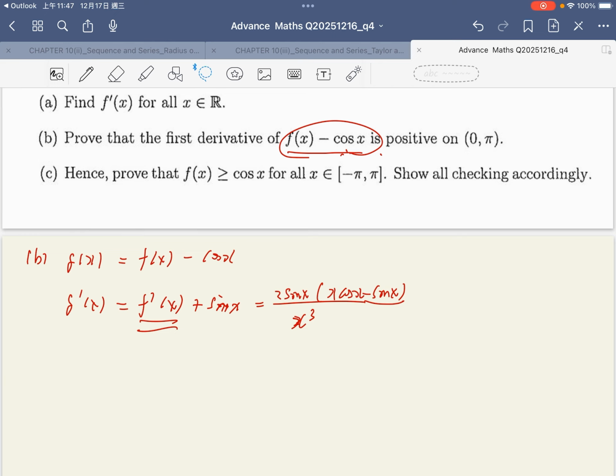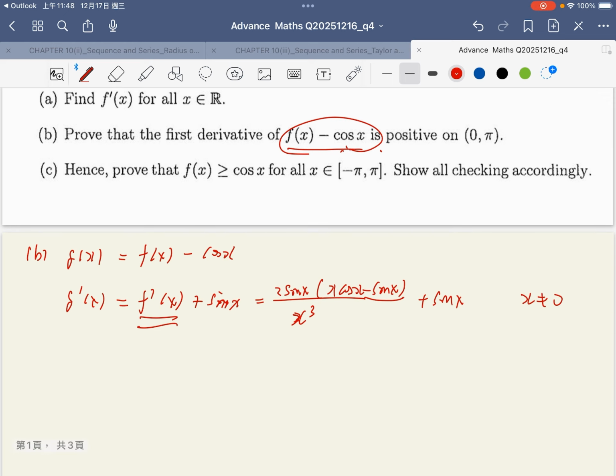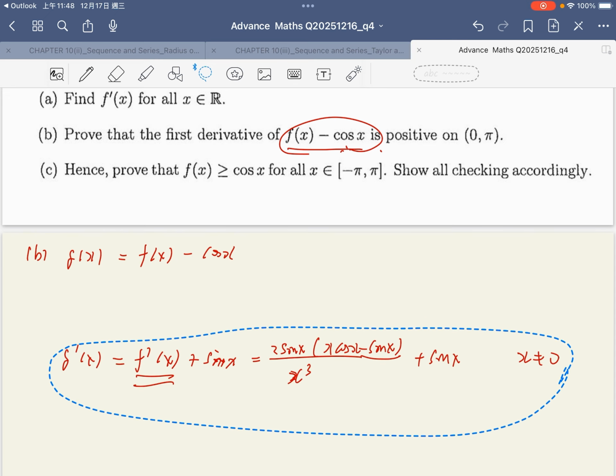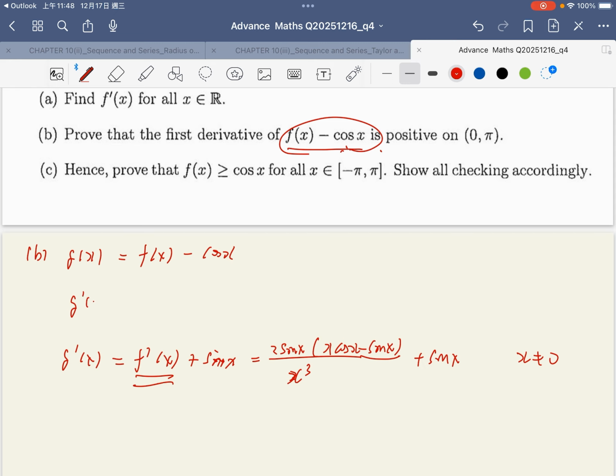This case is only for x not equal to 0. Anyway, I first write down the case of f'(0), g'(0).